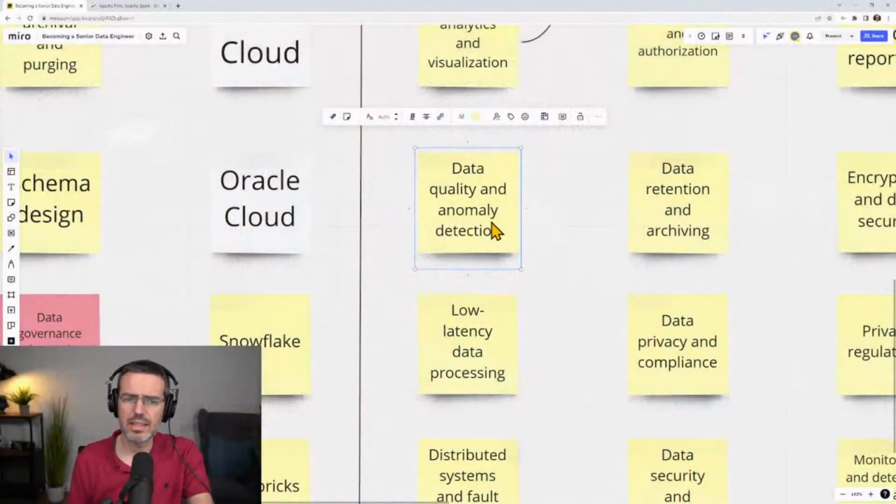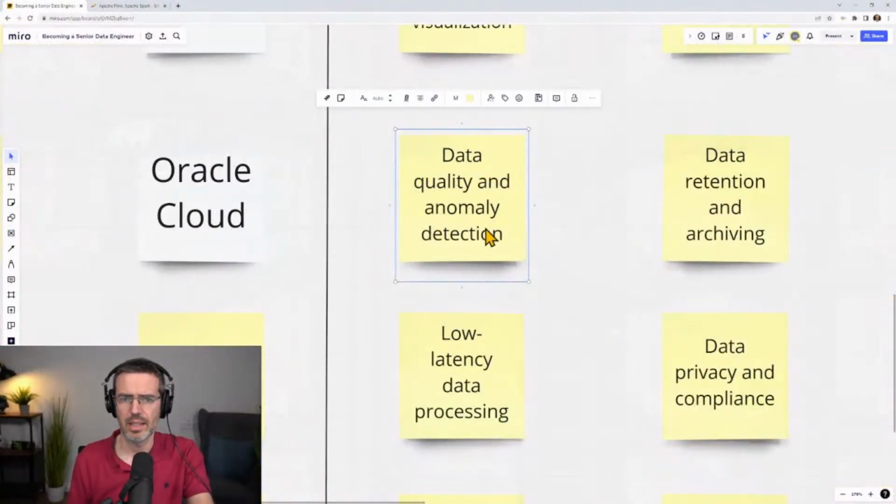Because at some point, either in the source, the data could be wrong, or your processing could do something that you had not intended when you were coding it. So data quality and anomaly detection, that's a very, very big topic.